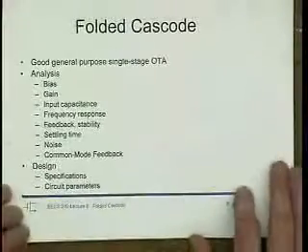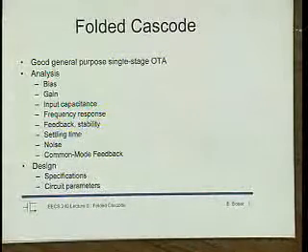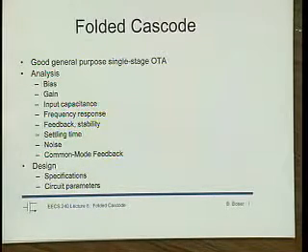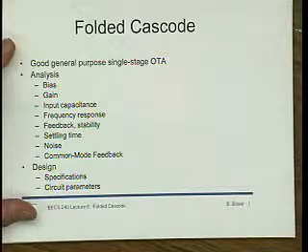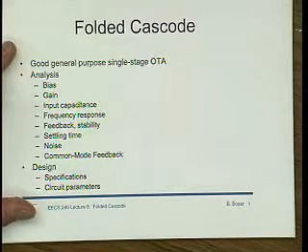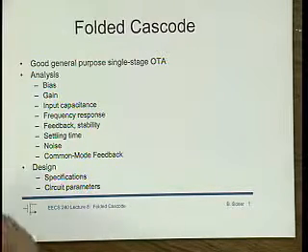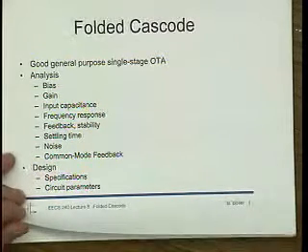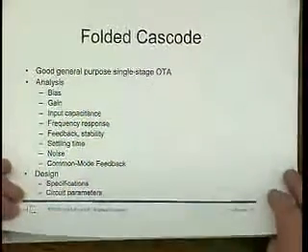So I promised that we eventually get to a real amplifier, not this common source stuff. So we'll do that now. The amplifier that we're going to look at is a folded cascode. Folded cascode is kind of a workhorse amplifier. That's probably the most commonly used amplifier, and the one that we perhaps will start with when we have a problem, and then maybe move to a different configuration if we can't meet all the specs.